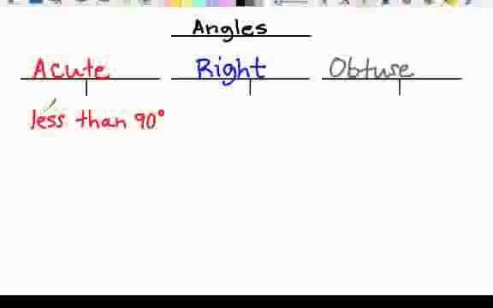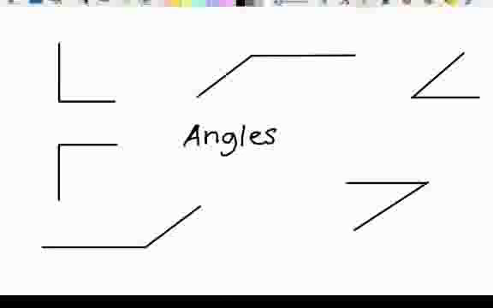And what does that mean? Well, let's go back to our angles. Less than 90 degrees. Okay? Angles are measured by the amount of space between the 2 rays. So this space right here, that is the measure of the angle. So this is less than 90 degrees, so this is an acute angle.